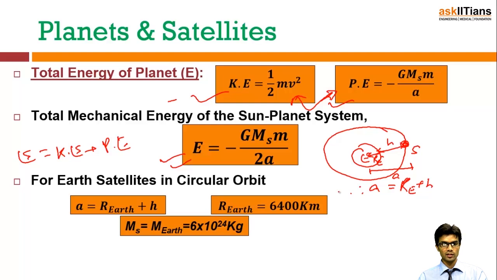In the case of Earth, the radius of Earth is 6400 km and the mass of Earth is 6 into 10 to the power 24 kg. Therefore the total energy is equal to minus G Ms m by 2a.